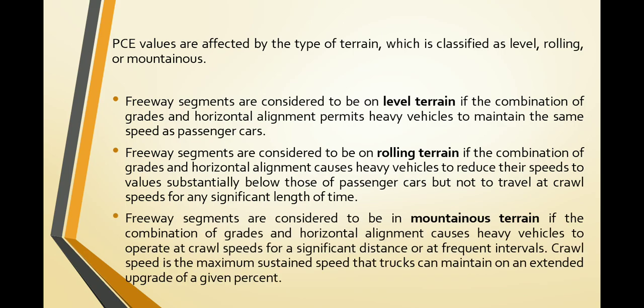Freeway segments are considered to be in mountainous terrain if the combination of grades and horizontal alignment causes heavy vehicles to operate at crawl speed for a significant distance or at frequent intervals. Crawl speed is the maximum sustained speed that trucks can maintain on an extended upgrade of a given percent.